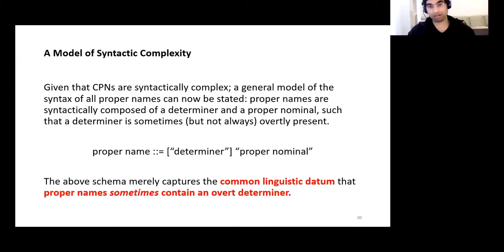And this above schema merely captures the common linguistic datum that proper names sometimes contain an overt determiner. So this is theory neutral in the sense that any semantic theory of names must tell us about the syntactic behavior of a determiner, which is often seen as being part of a proper name.